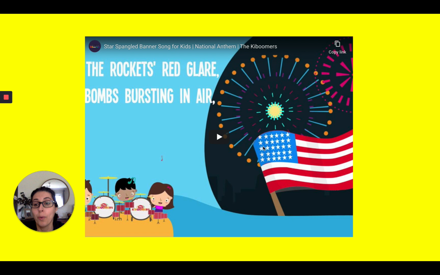But still, it was called the Star-Spangled Banner because the original flag had stars on it. Does anybody remember from our last lesson how many stars were on the original flag? If you remember, call it out in 3, 2, 1. That's right. There were 13 stars on the original flag because at that time, there were only 13 states.